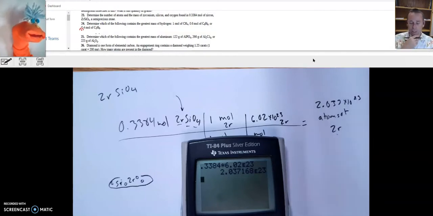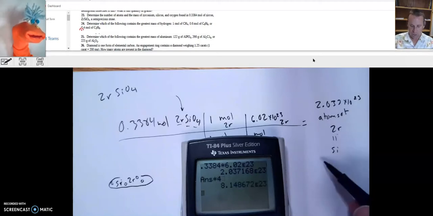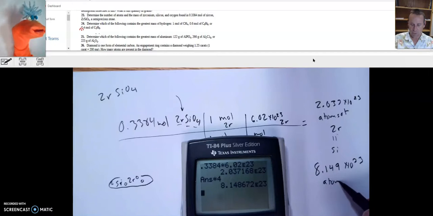That's the atoms of zirconium. That's also the atoms of silicon. And this number times 4 is the atoms of what? Oxygen. That's right. That's how many atoms of oxygen there are.